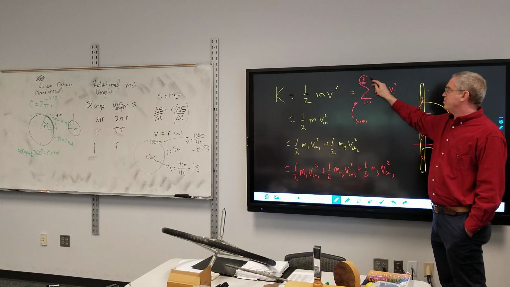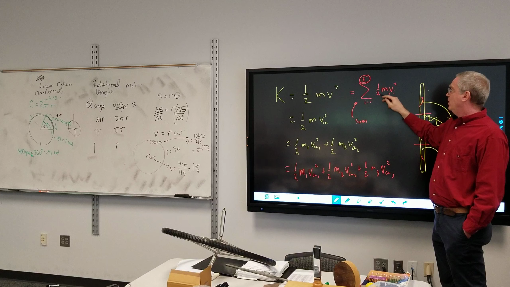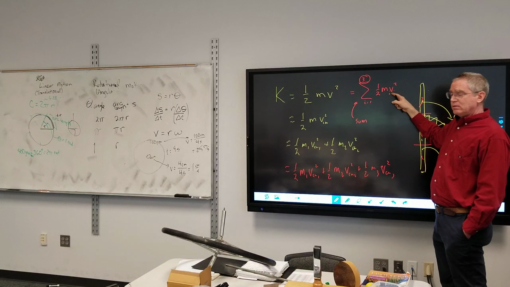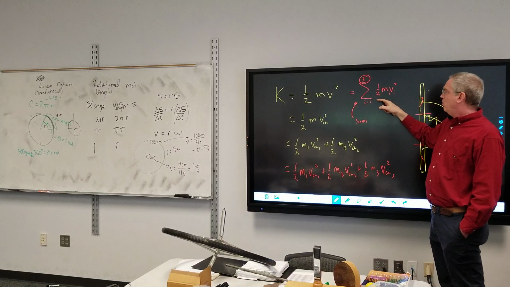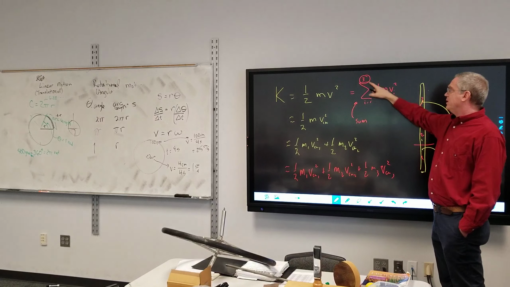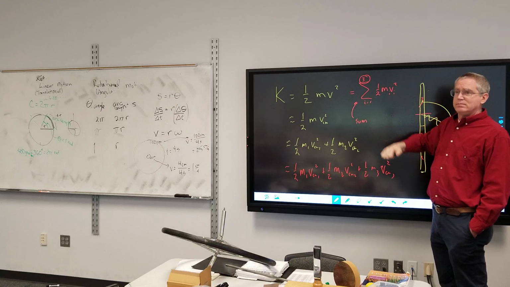This is how many pieces we break it up into, and this just means I'm going to do 1/2 m1 times v1 squared plus 1/2 m2 v2 squared plus 1/2 m3 v3 squared, and I keep going until I get to whatever that top number is.